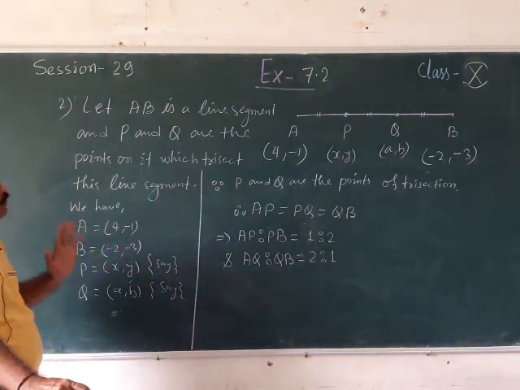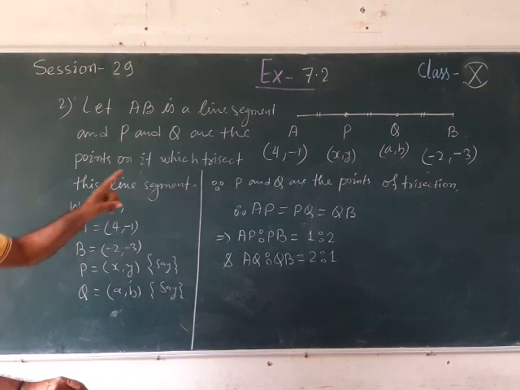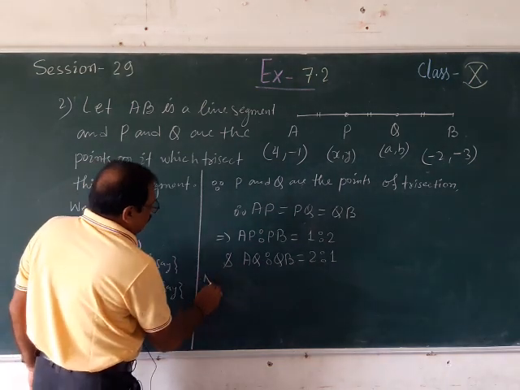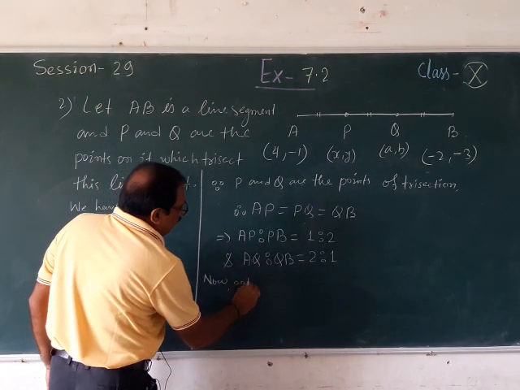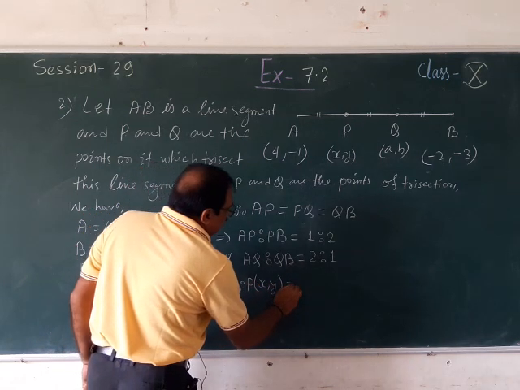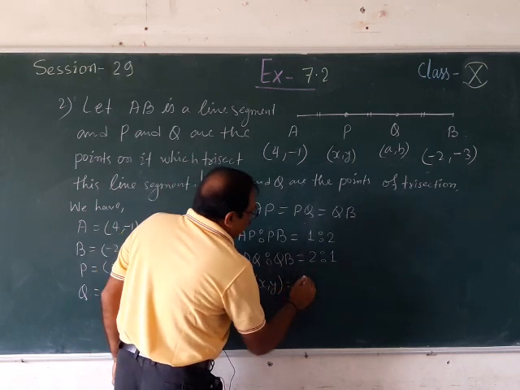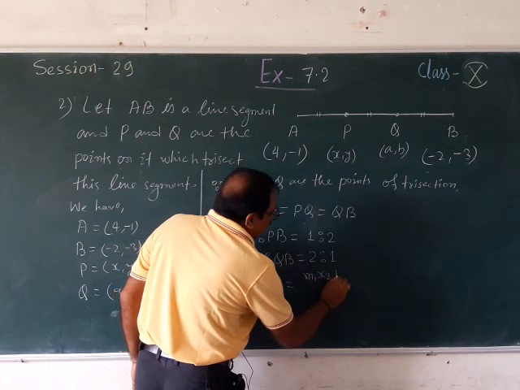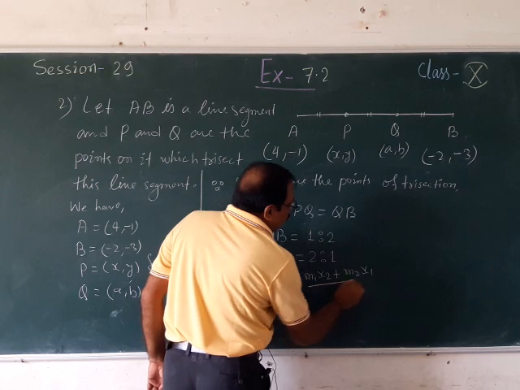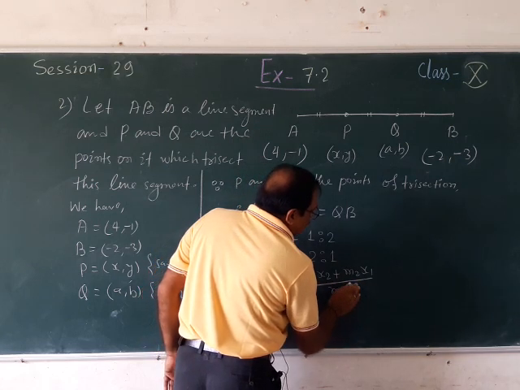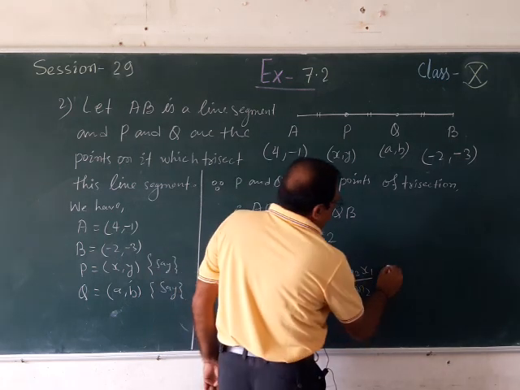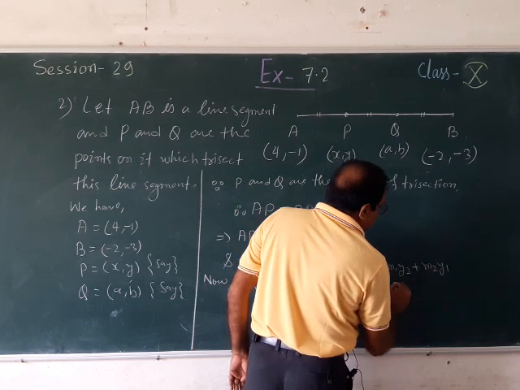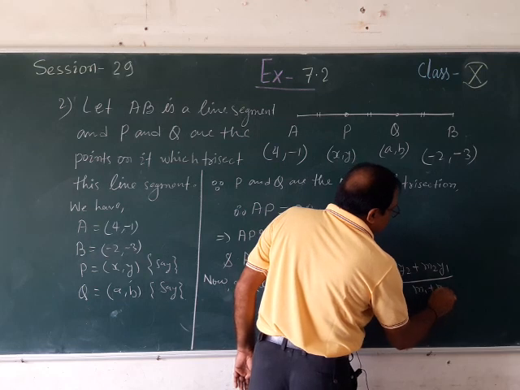Till here first you copy down, then I am moving to get the coordinate of this point P. Now since we know that P(x, y) is given by a formula, and that formula is (m1 x2 plus m2 x1) upon (m1 plus m2) comma (m1 y2 plus m2 y1) upon (m1 plus m2).